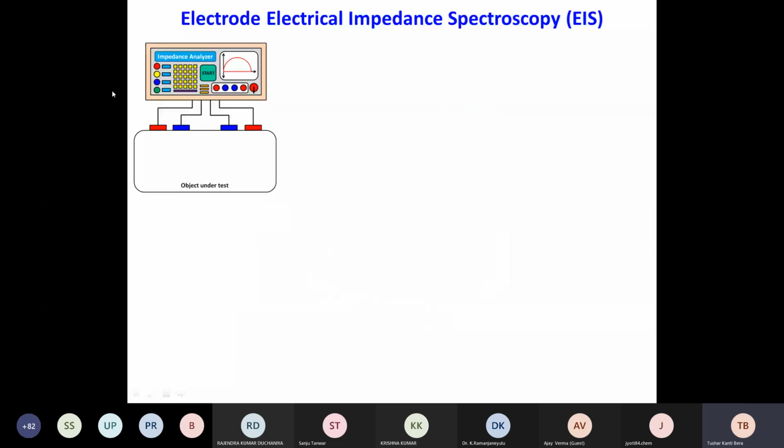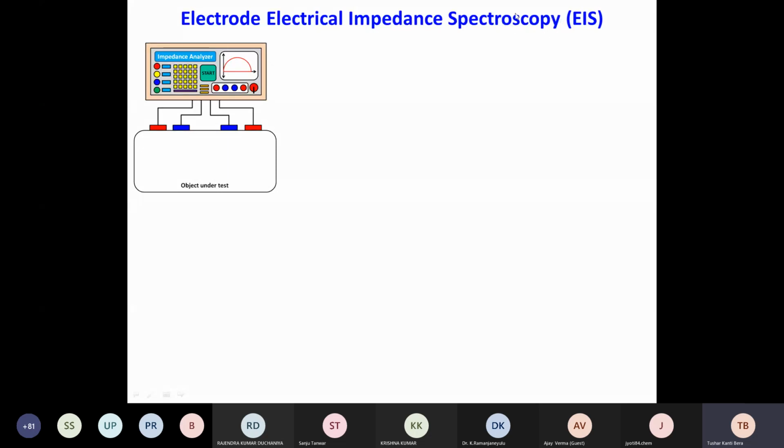But in the case of impedance spectroscopy, till this point we understood how to measure the impedance by the 2 electrode method or 4 electrode method, but that was at a particular frequency. In electrical spectroscopy, the word spectroscopy has 2 parts: spectra and scopy.